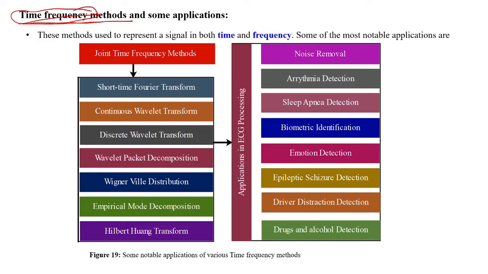Under this condition, our Fourier transform and the conventional signal processing techniques fail. For this reason, these joint time frequency methods are important.